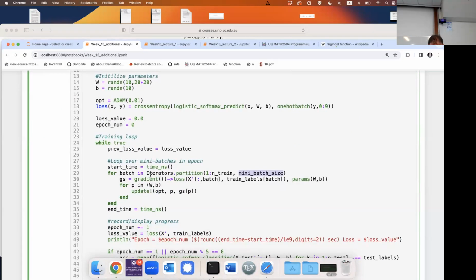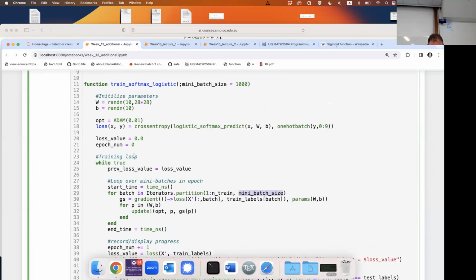Say again? What line? 11? Oh, sorry, yeah, I used it as a keyword. Thanks. All right. So yeah, it's 1,000, right? So each epoch has here 60 iterations. If I would have done mini batch size 1, it would have really been pure stochastic gradient descent.